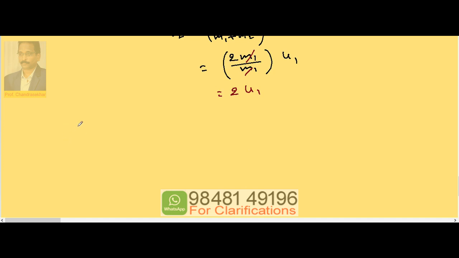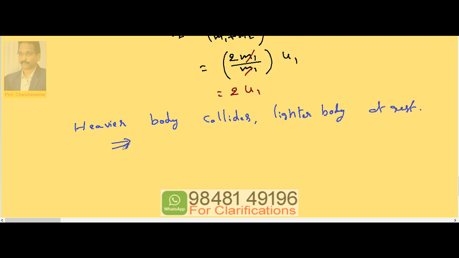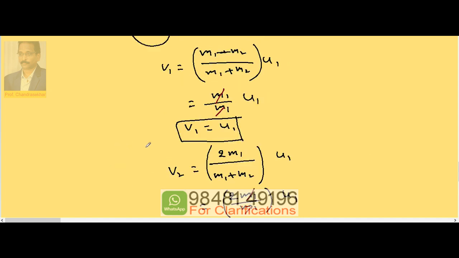when a heavier body collides with a lighter body at rest. Conclusion: v1 is u1. Here this remains the same.